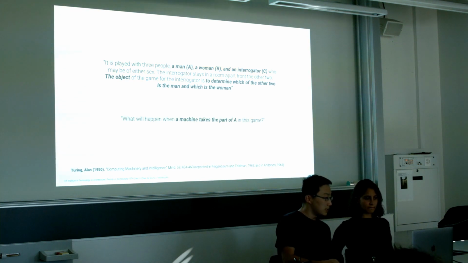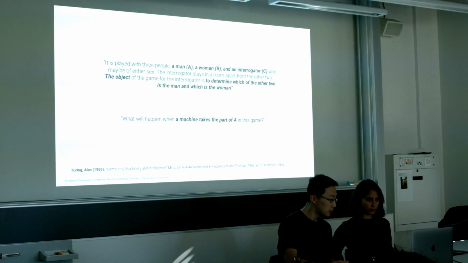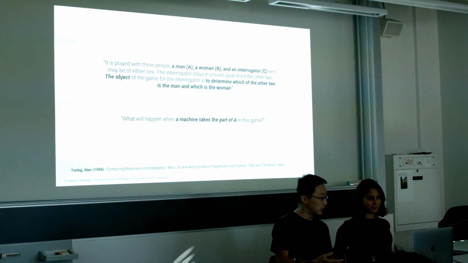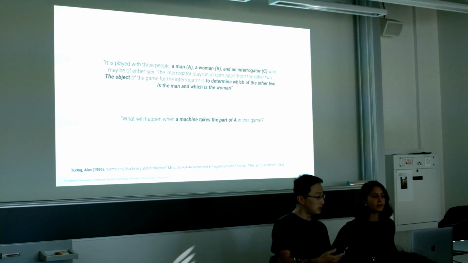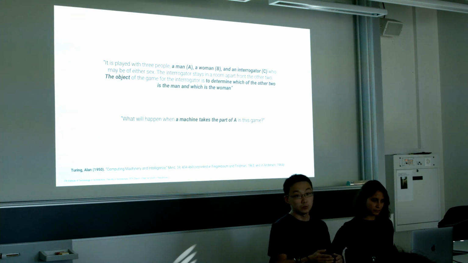The game is played with three people: a man called A, a woman called B, and an interrogator called C, who may be of either sex. The interrogator stays in a room apart from the other two, and the objective is to determine which of the other two is the man and which is the woman.